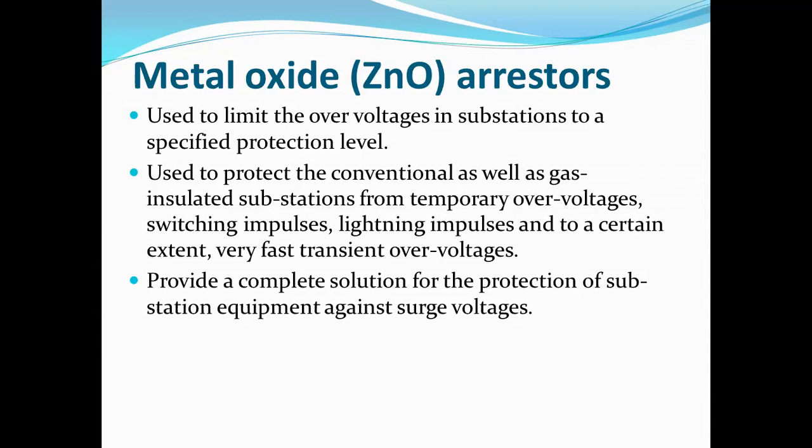So these arresters are used to limit the over voltages in substations to a specified protection level. They are used to protect the conventional as well as gas insulated substations from temporary over voltages, switching impulses, lightning impulses, and to a certain extent, very fast transient over voltages.